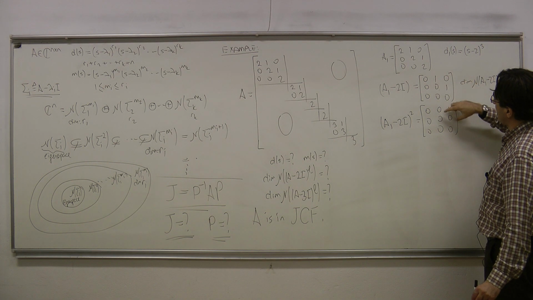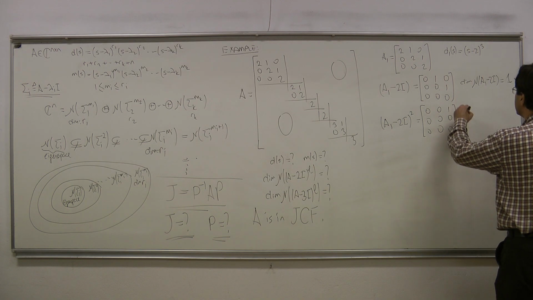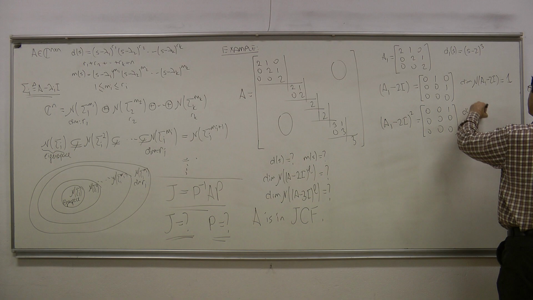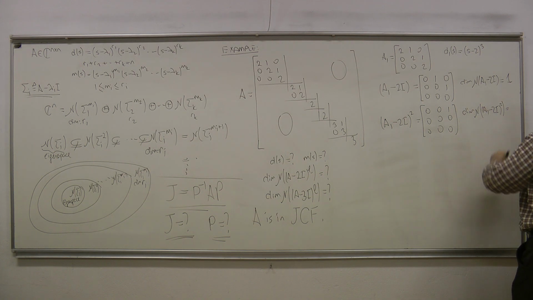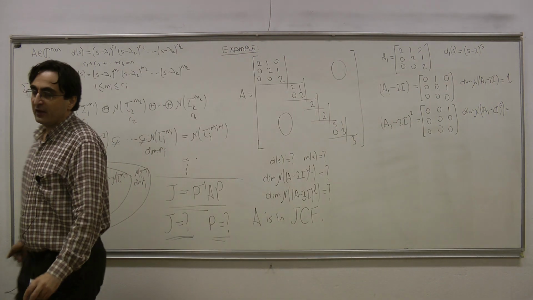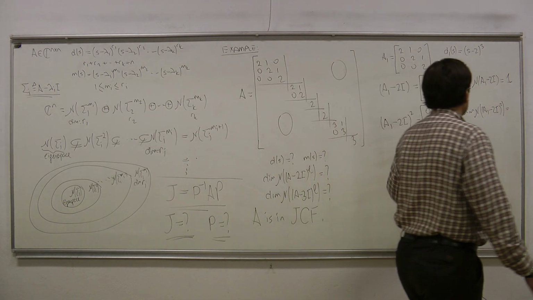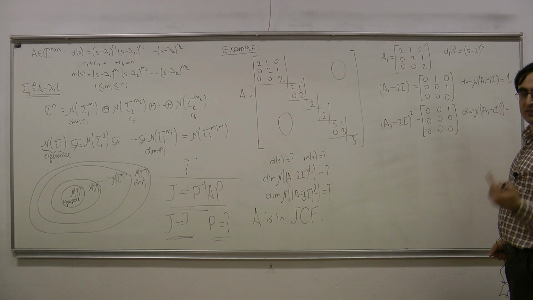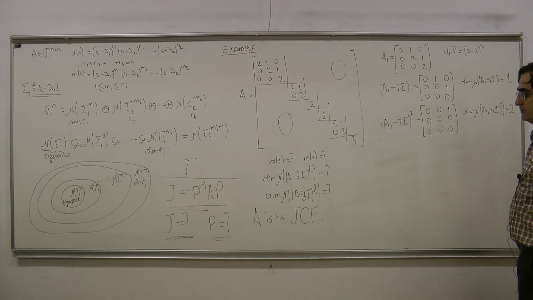What about the dimension of the null space of A1 minus 2 identity square? This matrix has only a single non-zero column, which means that its rank is 1, and therefore the null space dimension should be 2.